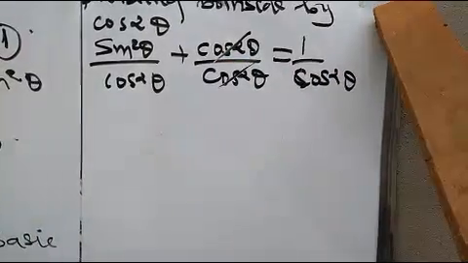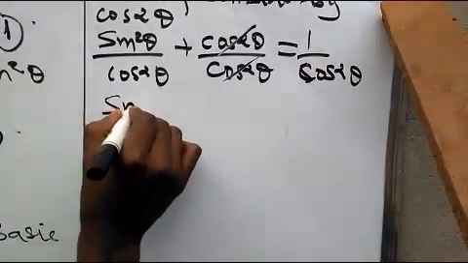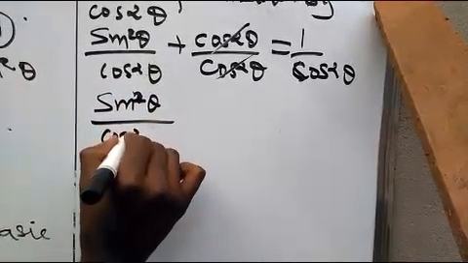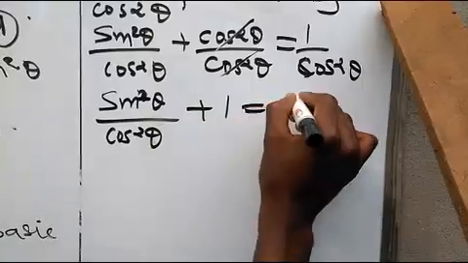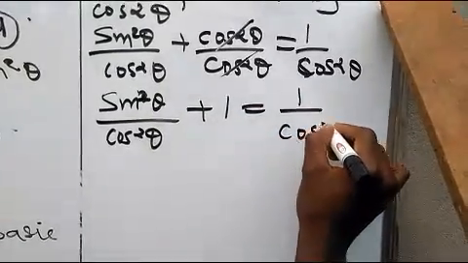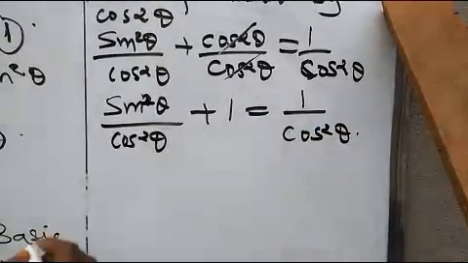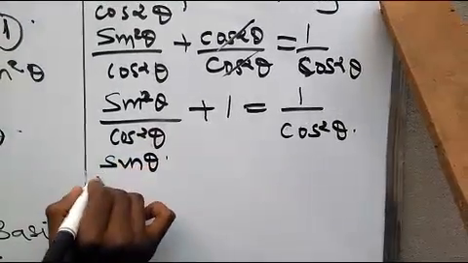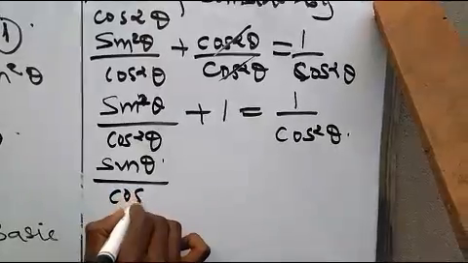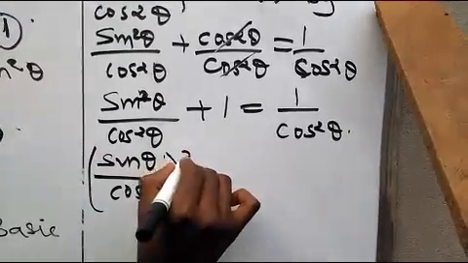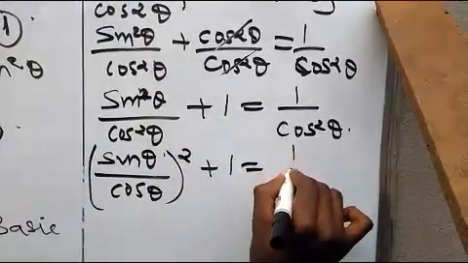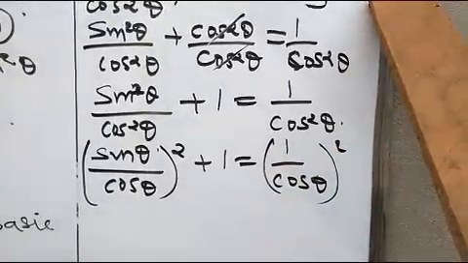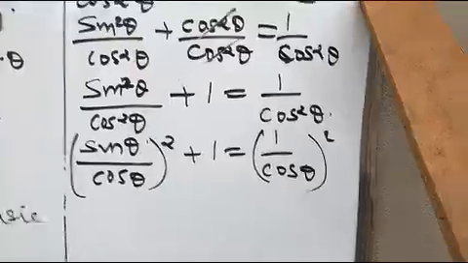Cos squared theta cancel, and we are going to have sin squared theta on cos squared theta plus 1 equals to 1 on cos squared theta. Now we are going to rearrange in order to substitute our basic trigonometric identity. Sin theta on cos theta all that squared plus 1 equals to 1 on cos theta all that squared.